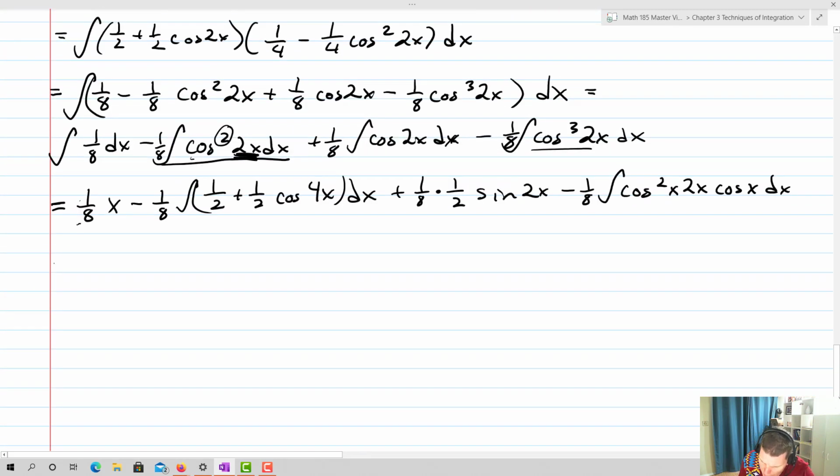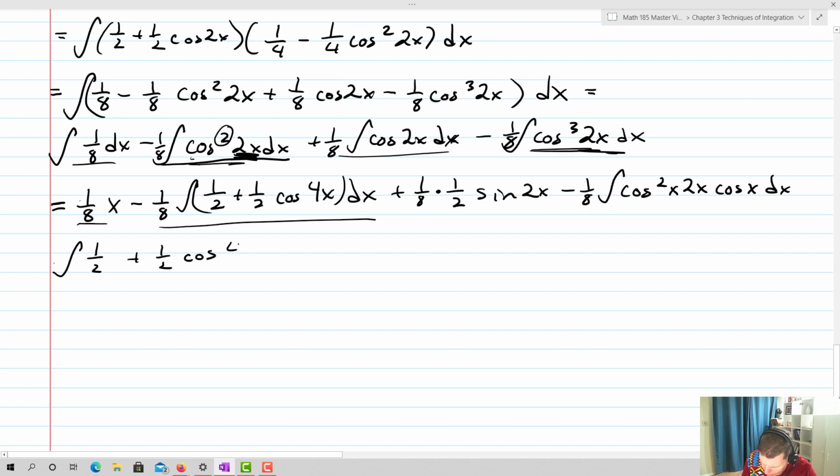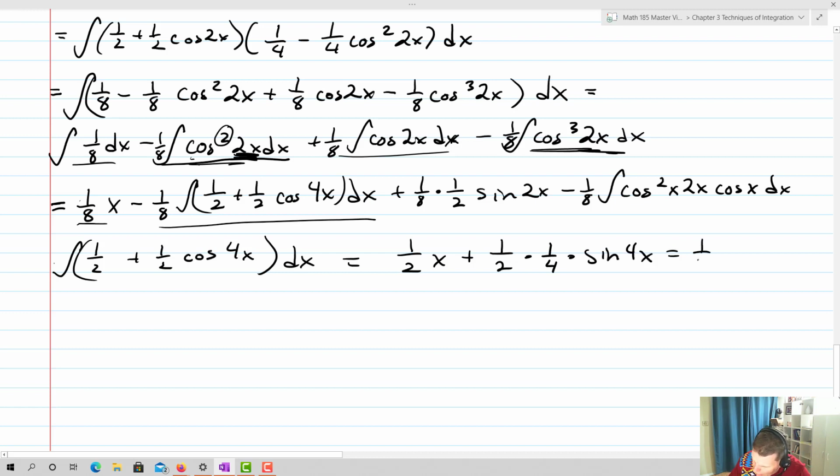So we've now integrated these two. We now need to finish up the integration on these two functions. What I'm going to do is do each one of those separately, and then we'll combine everything together. So I'm going to take the integral now of 1/2 plus 1/2 cosine 4x dx, and that's going to end up equaling 1/2 x plus, and this will be 1/2 times 1/4 times sine of 4x, okay, which is just 1/2 x plus 1/8 sine 4x.